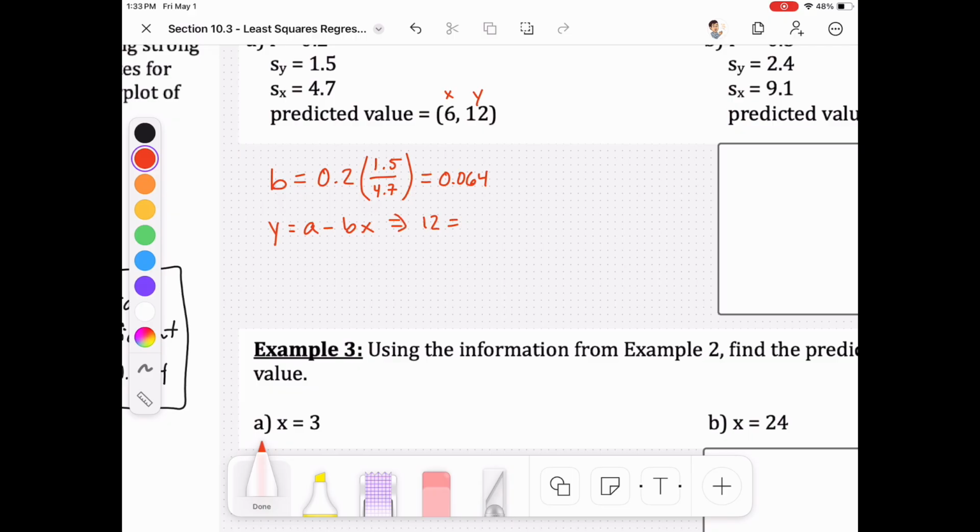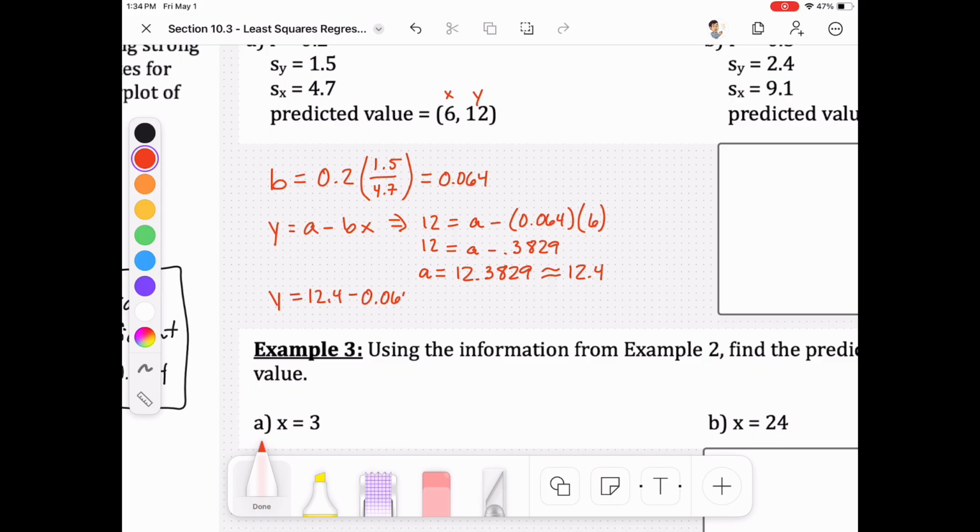And I'm sorry that they've mixed up the letters here, and I know it's usually m and b for the slope and the y-intercept, but this is what the book does, so I'm just following the same format so you don't get confused when you're looking at the equations. And so plugging in the 12 for y, the 6 for x, and our slope of b, I can solve for a here.